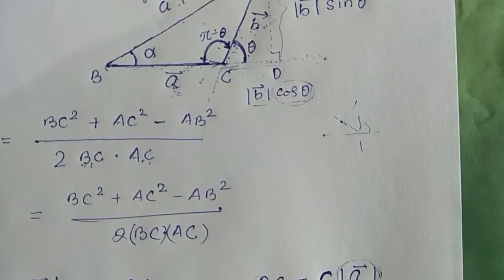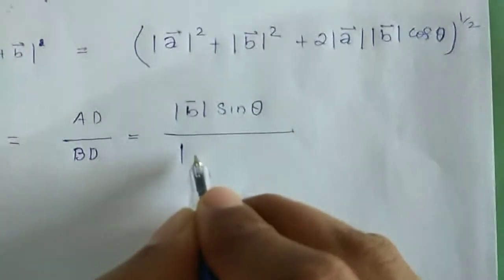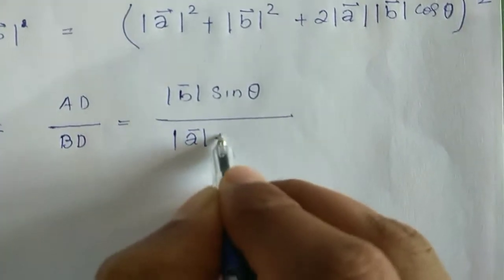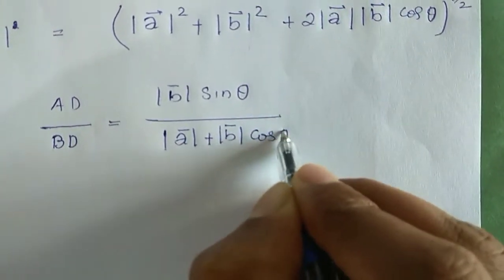BC is equal to mod of A and CD is mod of B cos of theta. So the denominator is mod of A plus mod of B cos of theta.